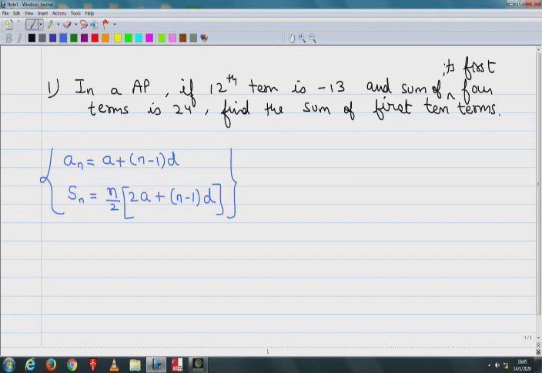Just give me the feedback also, are you able to do this question, do you want me to explain the solution, or are you doing it?